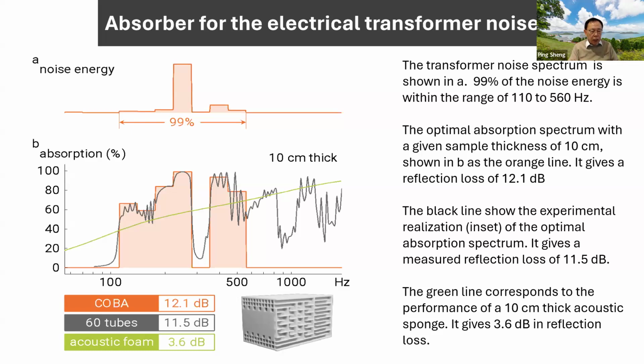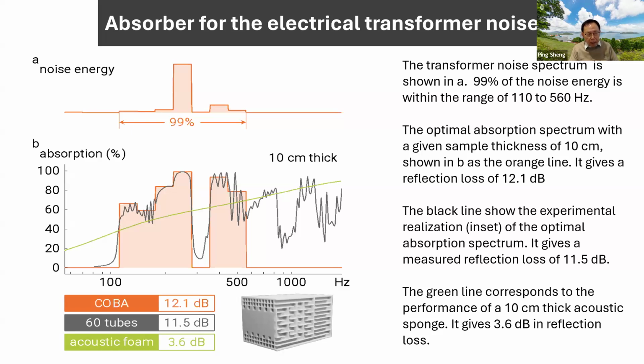And you can see, of course, in the equation that we have, the z of omega is no longer so simple. You have to numerically solve that equation, okay? It's because that is no longer 1. If you do that and realize this, the black line is the experimental realization measured in the impedance tube.